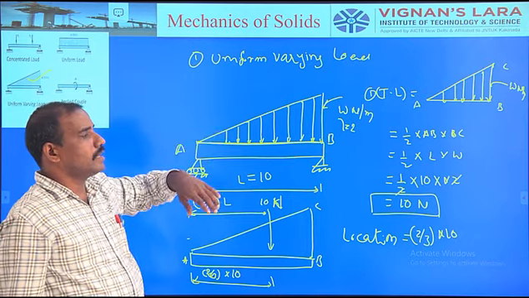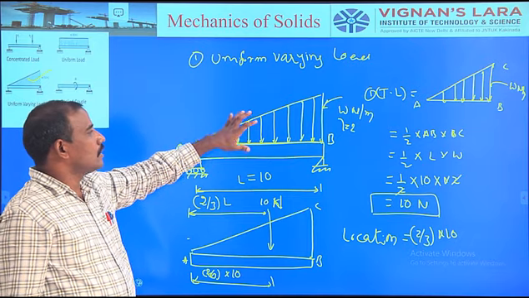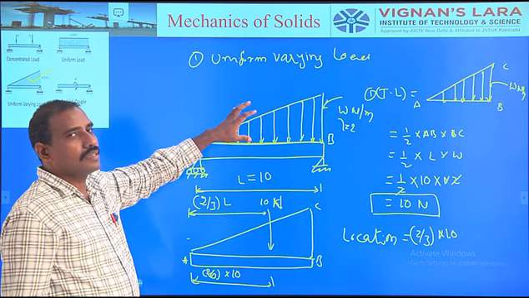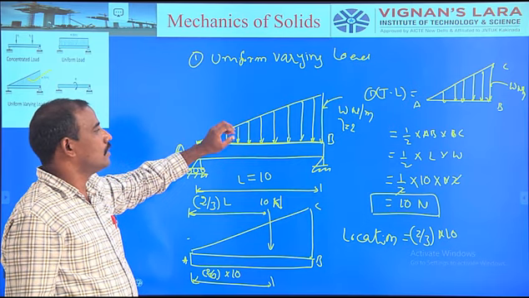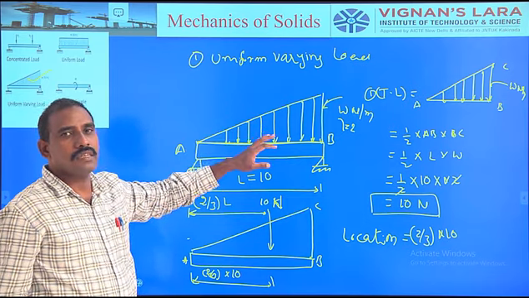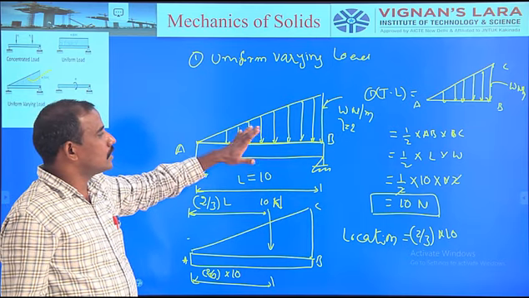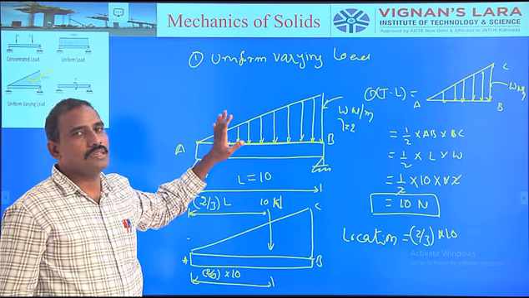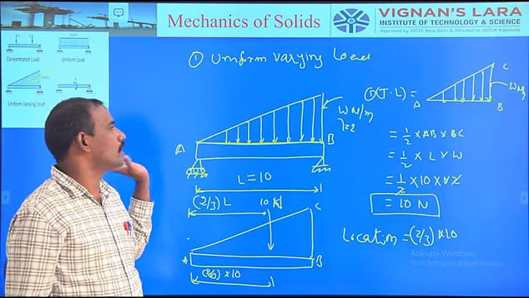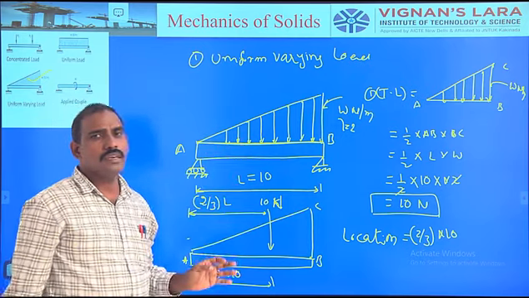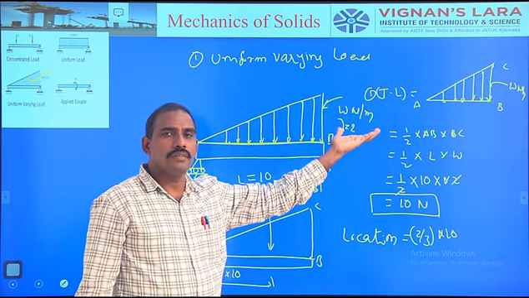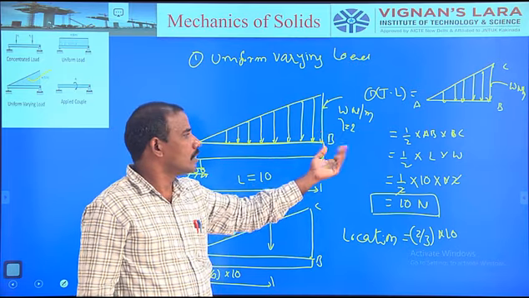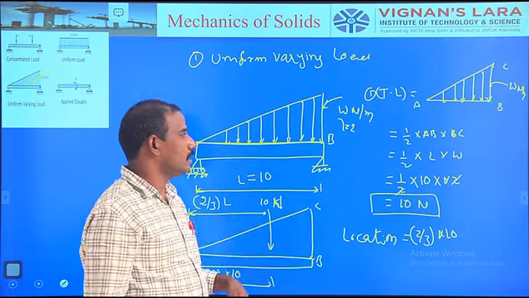So what we did here: the area under the graph or the curve is the total load, right? At which point is it concentrated? It is concentrated at the center of gravity of the triangle. Very simple. So the total load is calculated based on the geometry, which is equal to the area of the triangle, half into base into height.